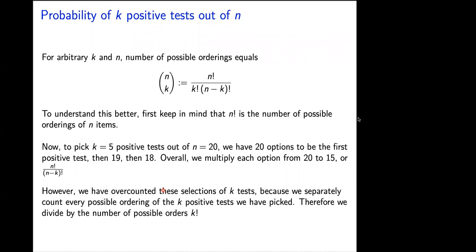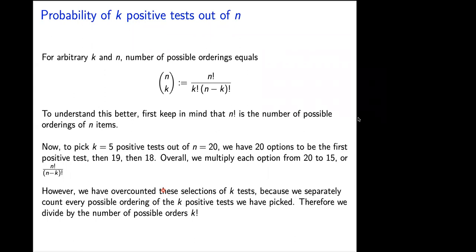Yeah, so Kishan? I have a question. Does order matter in the probability of K positive tests? Yeah. Our goal is to make sure that order doesn't matter, because all we want is to know the number of tests that are positive. We don't want it to matter whether the first person we tested is positive or not.